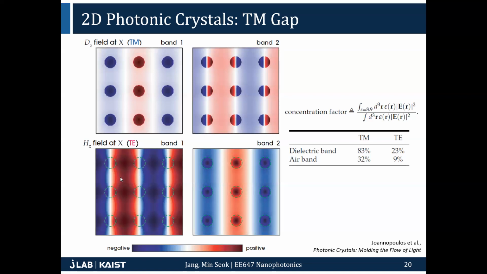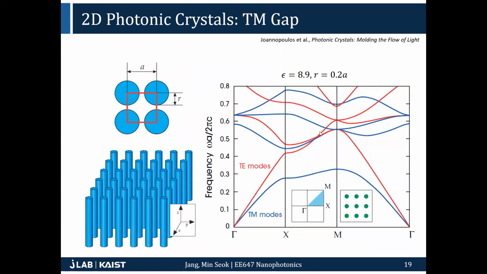It's only 23%. And then in band 2, it's even lower, because the derivative becomes maximum here and minimum there. So it's 9%. Because the difference in concentration factor is low, we imagine the band gap is also going to be small, but in fact, there's no band gap. Well, there's a small band gap from here to here along the x position, but overall, there's no band gap.